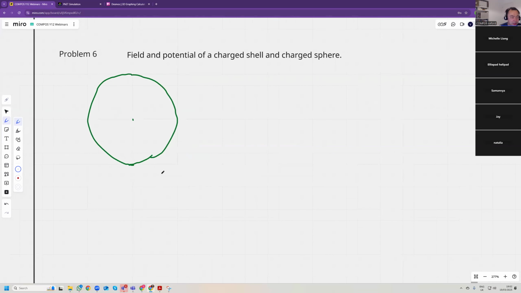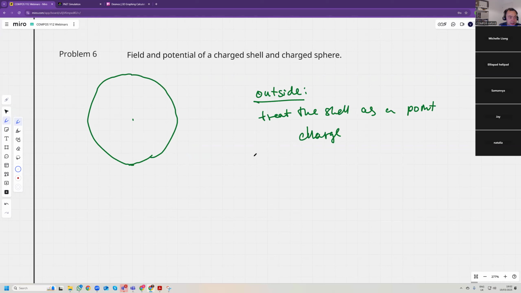When you're outside, you treat the shell as a point charge.